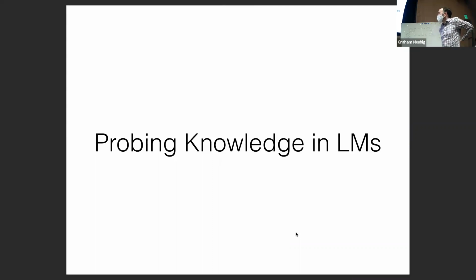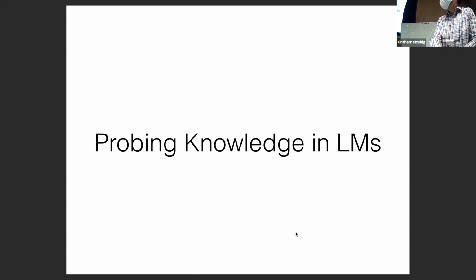So I'm going to wrap up by talking about probing knowledge in language models. Basically what we've done up until this point was I talked about how to extract knowledge from text, and also how to incorporate knowledge into language models, and how to extract knowledge from the other knowledge we already have.